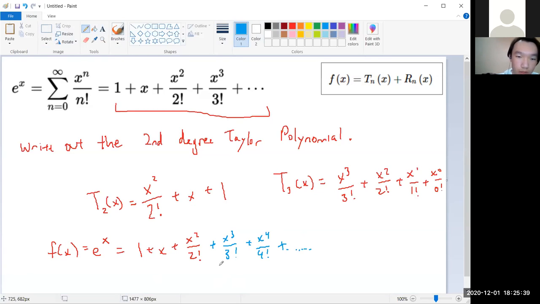This right here is the remainder. We can call it R2 of x, and the part that we did write is T2 of x. So the function is equal to the nth degree polynomial plus the remainder, which seems fine. I don't think we're ever going to use this though, but you'll need to know it for notation purposes.